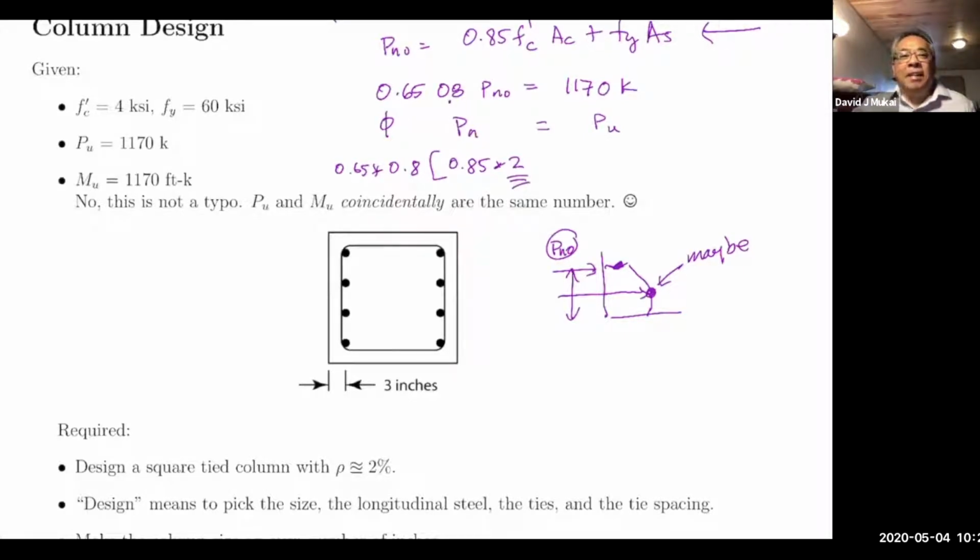Okay, the area of concrete, I said try to get 2% steel, so it's 98% concrete. We're trying to get a guess at a first size, so h squared is the area. Fy is 60. And it's 2% steel, so 0.02 h squared.